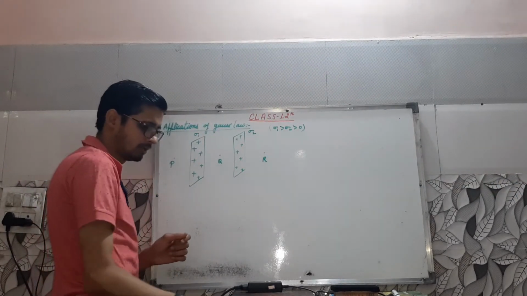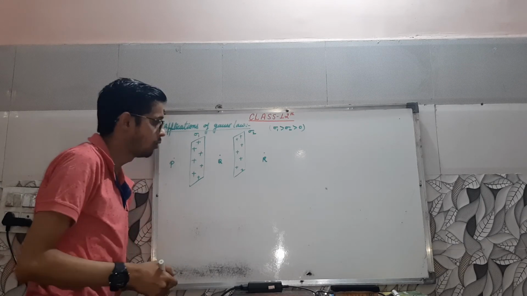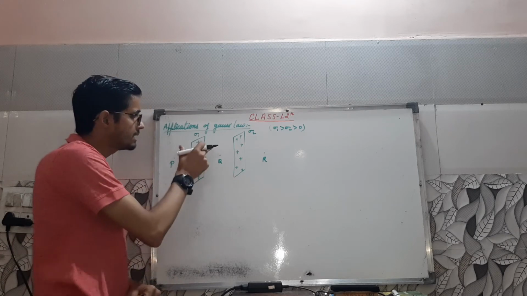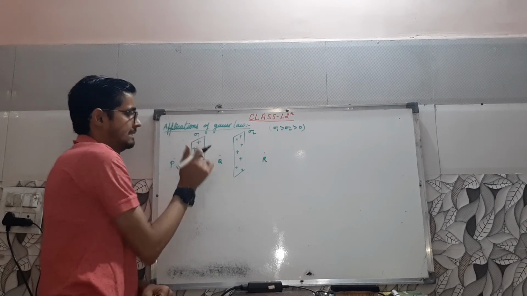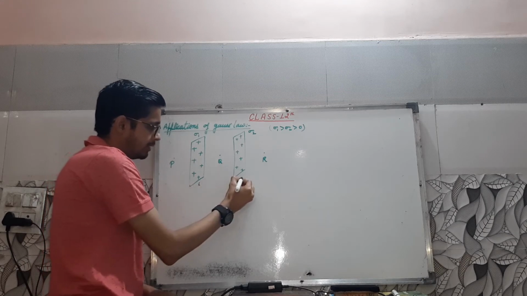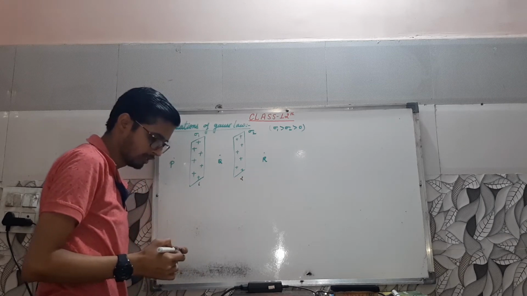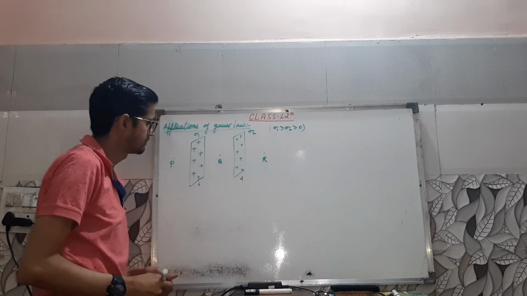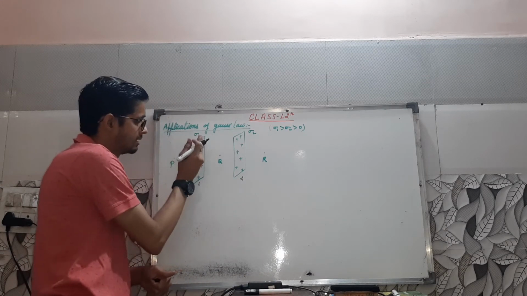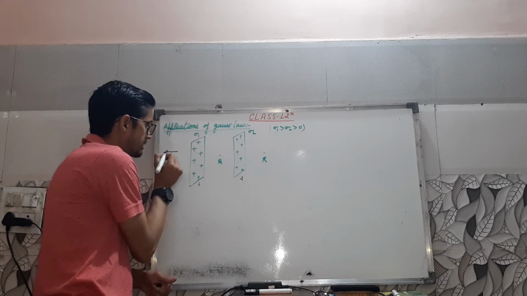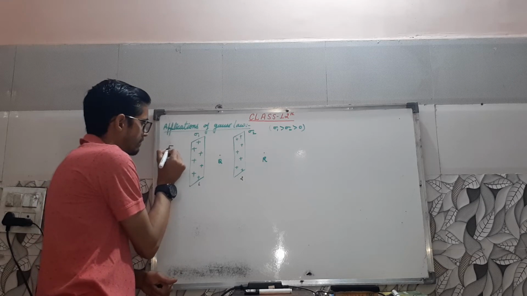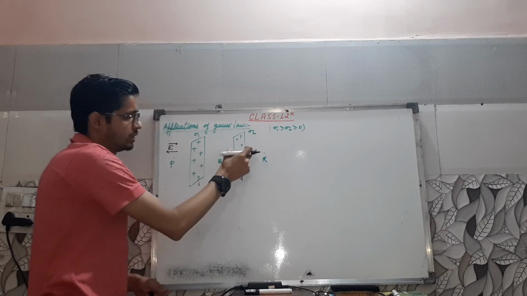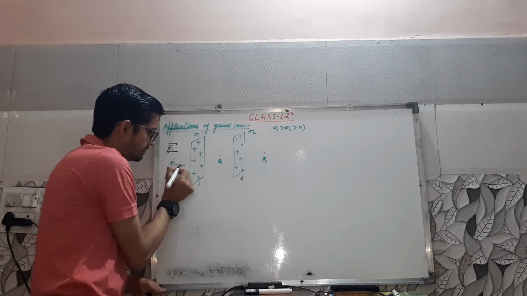Now first of all, what is the electric field at point P due to both of these? The answer is due to plate first and due to plate second. Due to plate first, what is the direction of electric field? Answer is in this direction. Due to second it is again in this direction.